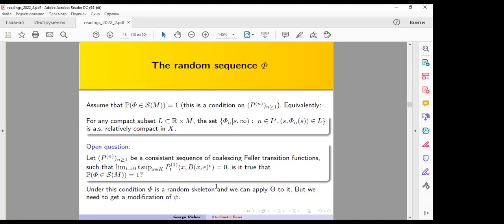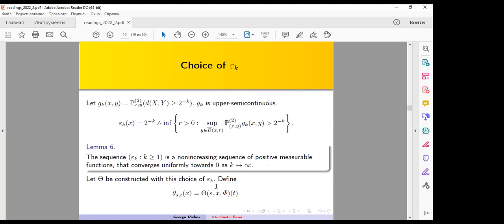Will it be a modification of our stochastic flow? It depends on the choice of epsilon k. Recall that the function j_k is upper semi-continuous, and I define epsilon k in the following way. This is the infimum of r such that the probability that the distance between two trajectories from the flow is at least 2 to the minus k will be greater than 2 to the minus k.